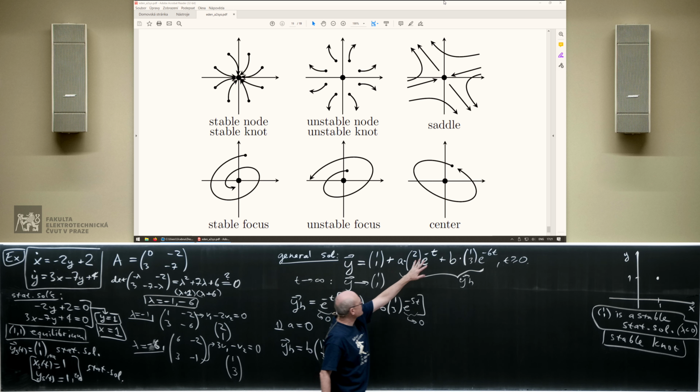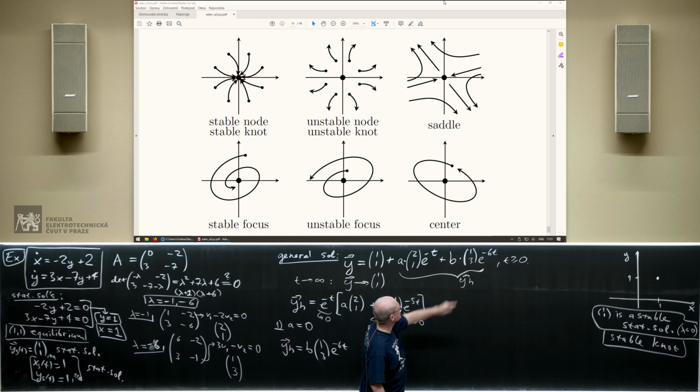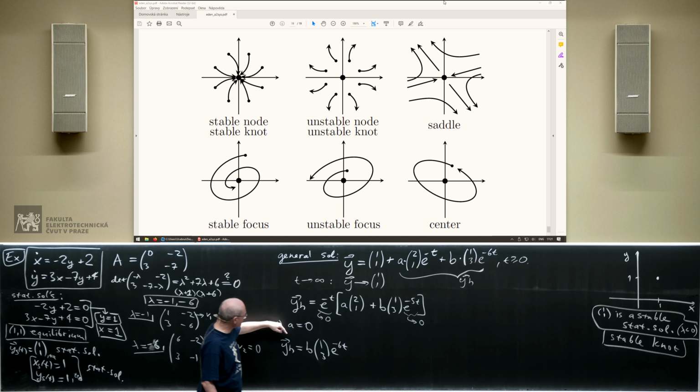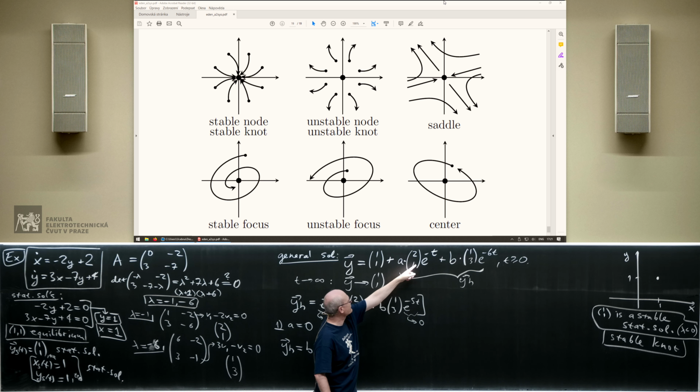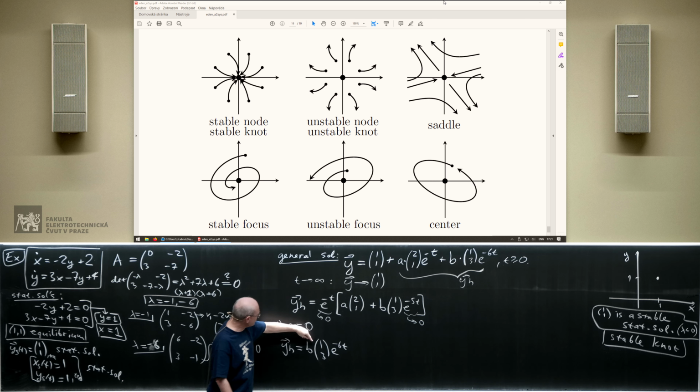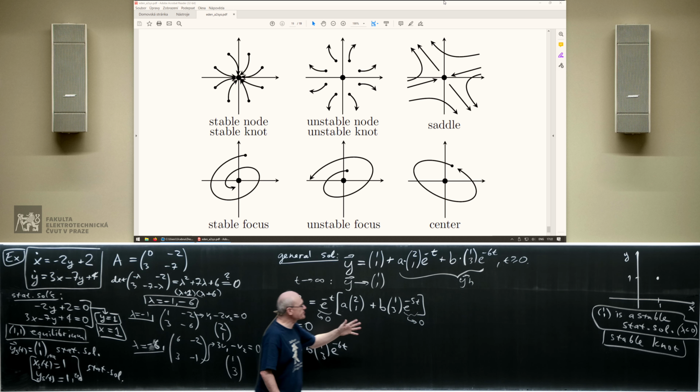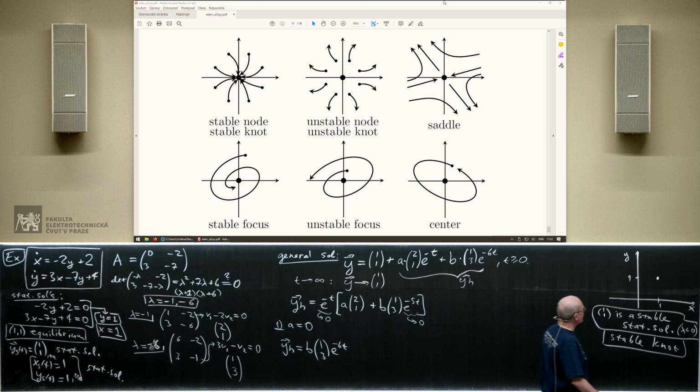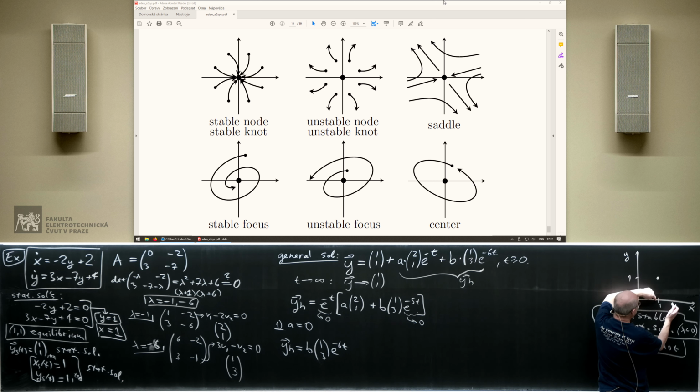Because I can go back to this formula. This becomes 0. I'm just looking at this. So my solution is scrolling towards the origin. And when I put it here, it's scrolling towards 1, 1 from the direction 1, 3. That's interesting. Direction 1, 3, how does it look like? We put one part here and 3 parts here.